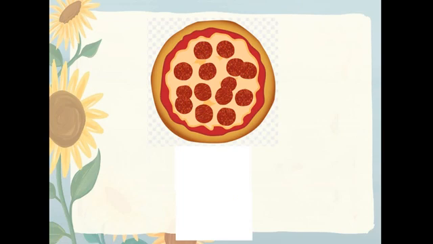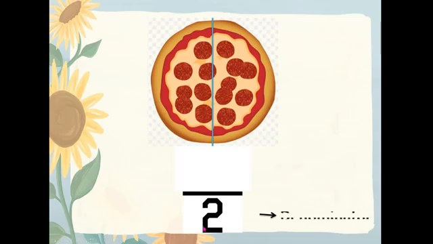Example, we have this one whole pizza. I divided it into 2. This is 1 and this is the second. 1, 2. When you write a fraction, the number at the bottom is the denominator.